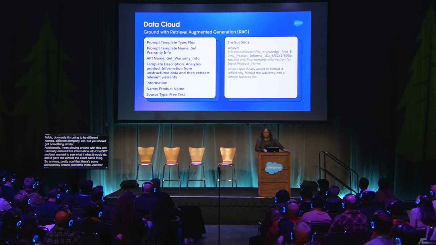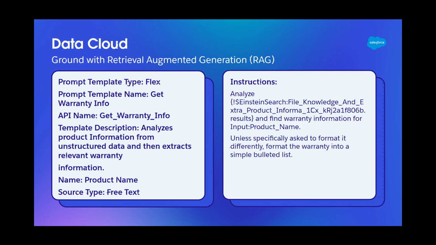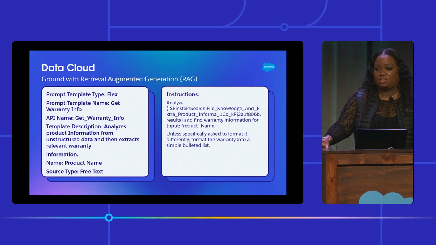Another way that you can ground your data is with Data Cloud. And I know Data Cloud is a hot topic for many organizations right now, and grounding it with RAG. I know RAG is a little bit of a newer terminology for a lot of us Salesforce professionals, but it stands for Retrieval Augmented Generation, and it allows you to pull data that is structured and unstructured from different data sources utilizing Data Cloud, okay?